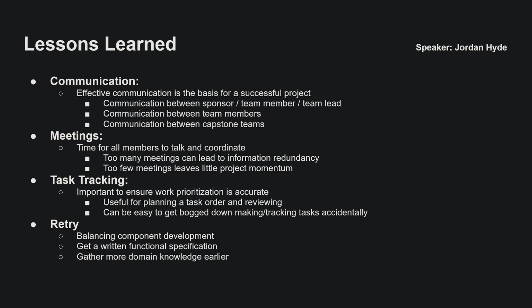For our lessons learned, we found that effective communication was a big key to the success that we did have and for further success. So just making sure all parts of our puzzle are communicating with each other. Our meetings, we found a bit of a happy medium in just not having too few or too many meetings.